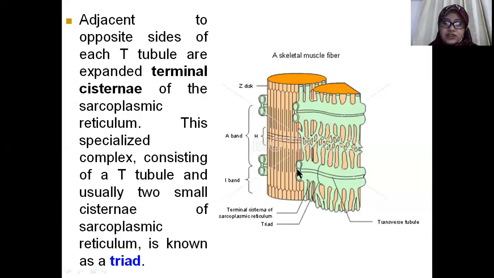This is the transverse tubule, or T-tubule, on each side. These are the terminal cisternae of sarcoplasmic reticulum. This three-part structure is known as a triad.